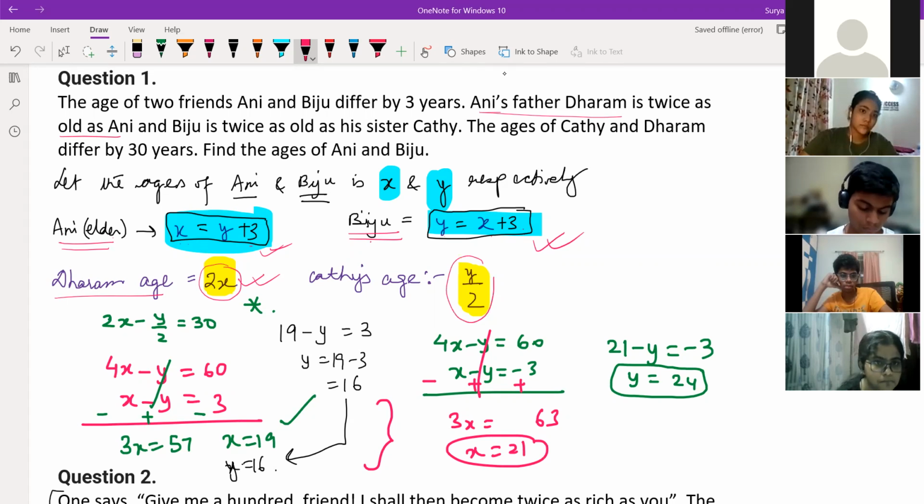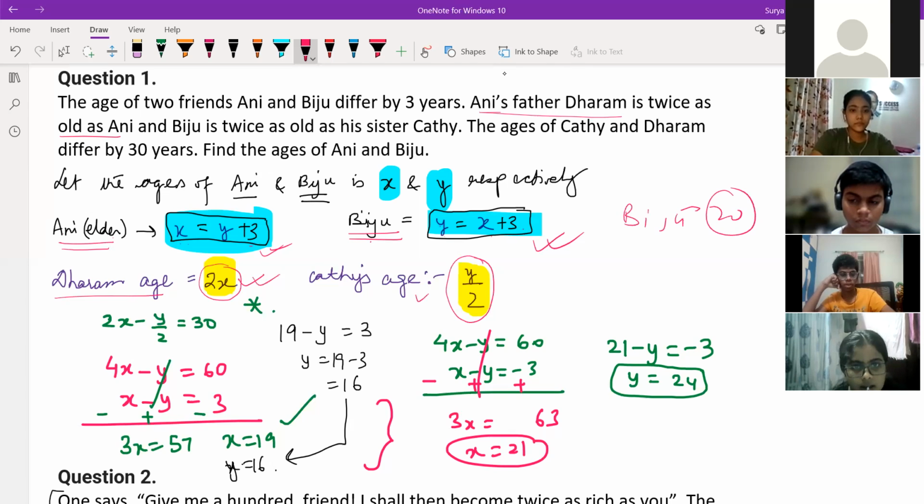So Kathy's age will be half of y, that is y by 2. If Biju's age is, suppose, 20, Kathy is 20 by 2 only, because Biju is twice. Yes, sir.